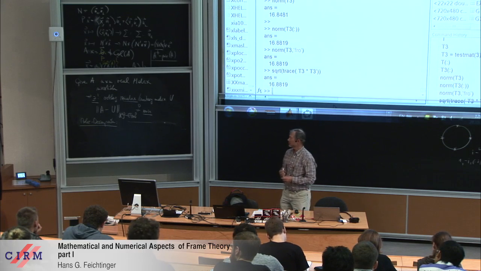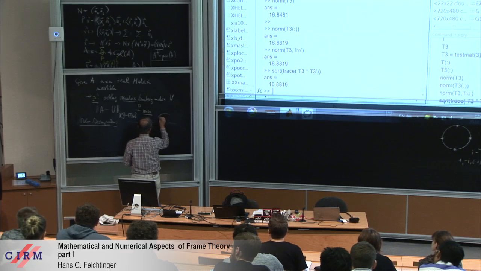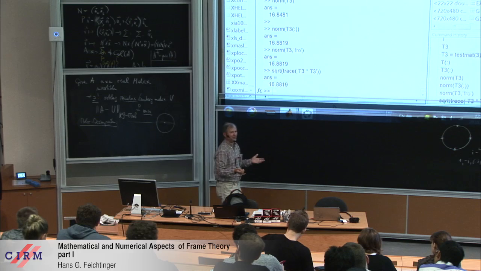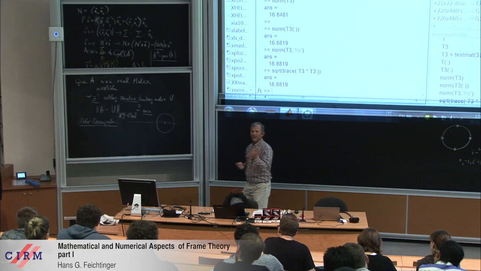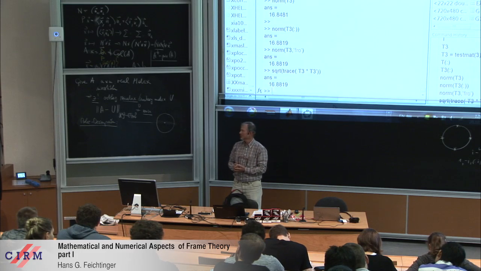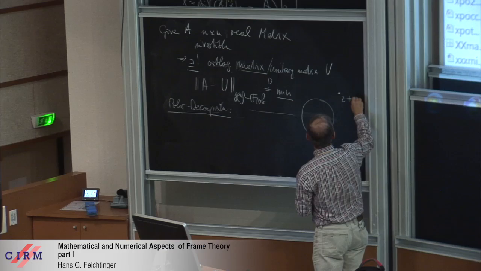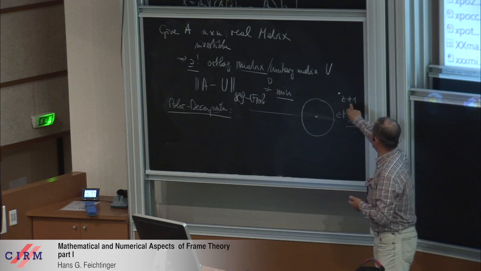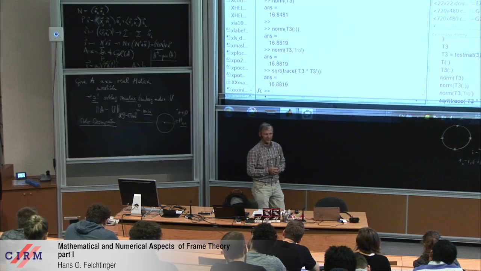To understand the principle, it's quite good to look at the 1 by 1 matrices. 1 by 1 matrices are numbers, complex numbers. So you are giving me an arbitrary invertible 1 by 1 matrix. What does it mean? You're giving me a point in the complex plane, an element different from 0.